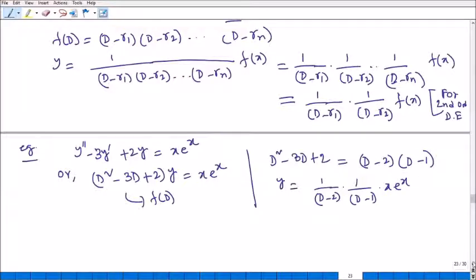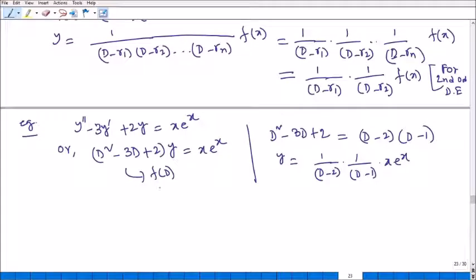Now we have to apply the formula. First we apply the formula for the operator 1 by (D minus 1), keeping the operator 1 by (D minus 2) fixed. Now we have to write the integration form of this operator.